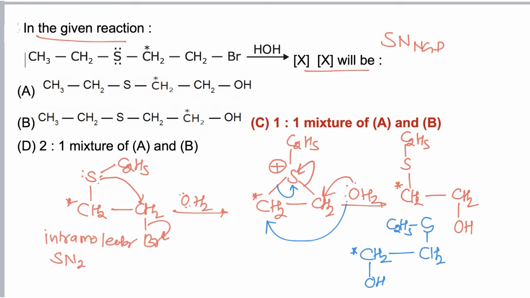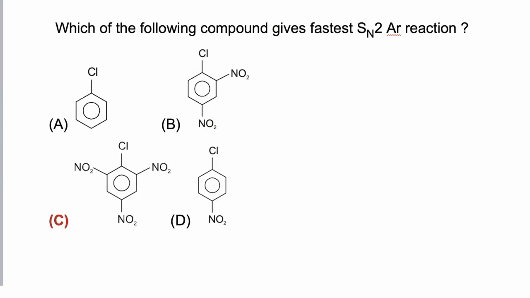So in this reaction both the products A and B are obtained, and hence the correct answer is a 1:1 mixture of A and B. Since there is equal possibility of attack of water at both carbons, a 1:1 or 50-50% mixture of both products is obtained. Now answer C is correct.